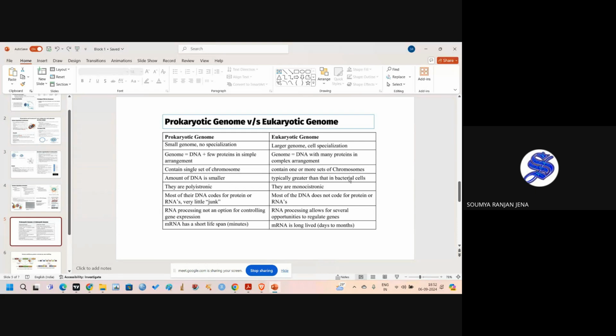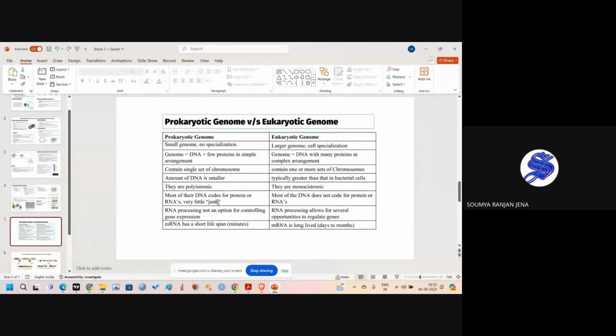Prokaryotes are polycistronic, eukaryotes are monocistronic. Polycistronic means multiple origins of replication. Here, one origin of replication.